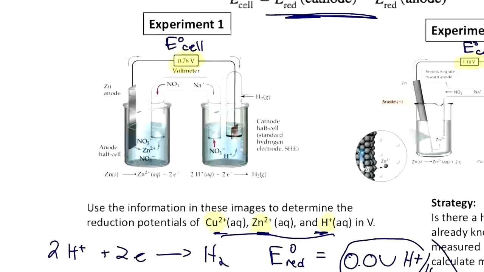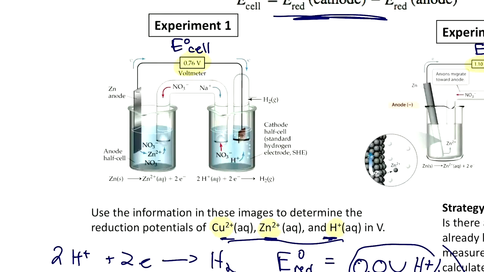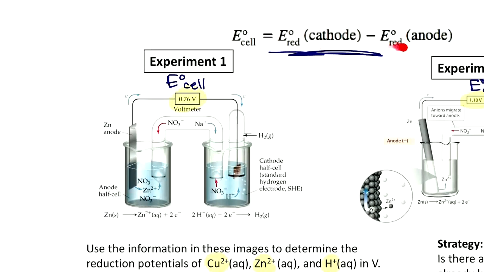Can we use that piece of information to help us get more information out of experiment 1? Look at where hydrogen is in experiment 1. It's the cathode. What's in our anode? Zinc. So we can use this equation. The cell potential being measured here is 0.76 volts, which equals the reduction potential at our cathode minus the reduction potential at our anode.